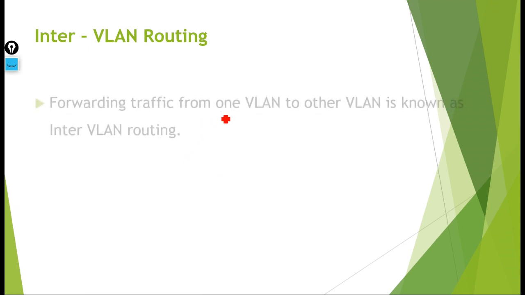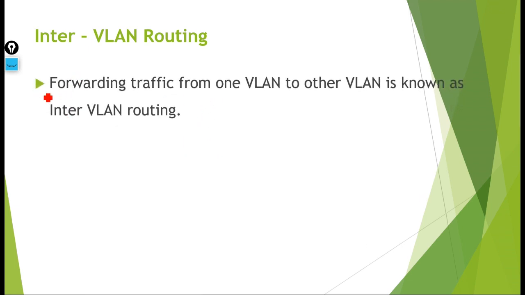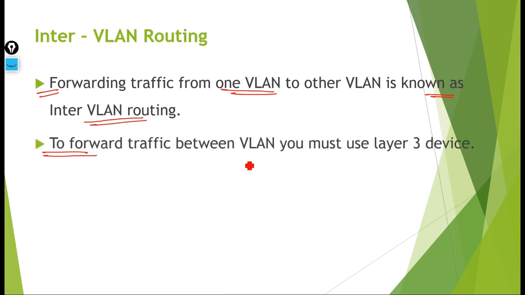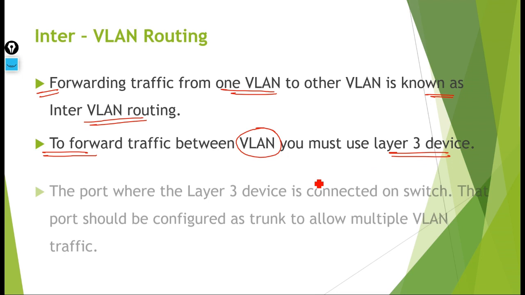Now see the very important points. Forwarding traffic from one VLAN to another VLAN is known as inter-VLAN routing, correct? To forward the traffic between the VLANs, you must use a layer 3 device such as a router or multi-layer switch.